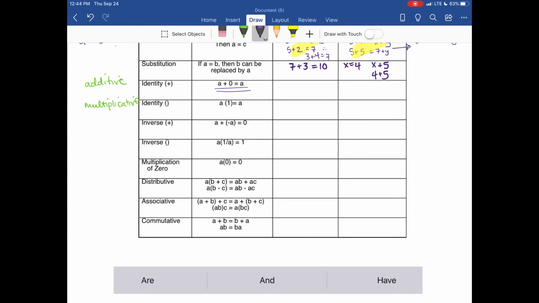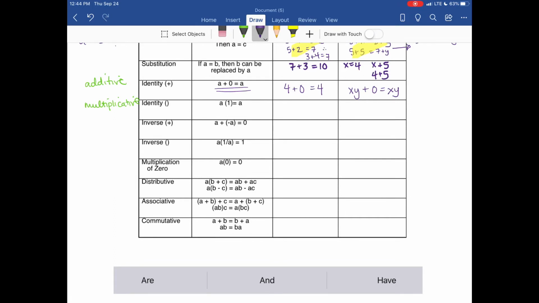That would be, you are correct, 0. So for example, 4 plus 0 will always give me 4. I'm going to throw in 2 variables: xy plus 0 will always give me xy. That is our additive identity.